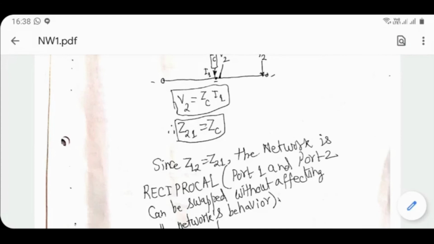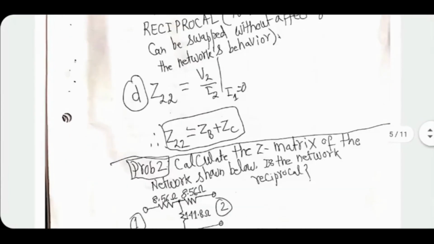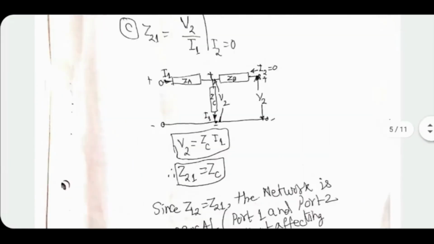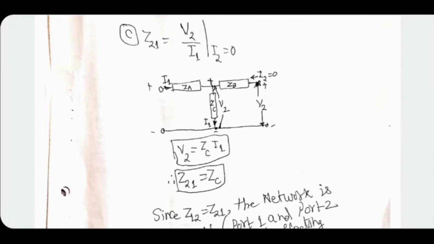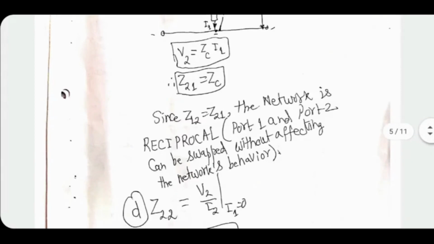Input and output can be interchanged without affecting anything. Also, if Z11 and Z22 are equal, which is not the case here, then the network is called symmetric. That is not true in this case anyway.